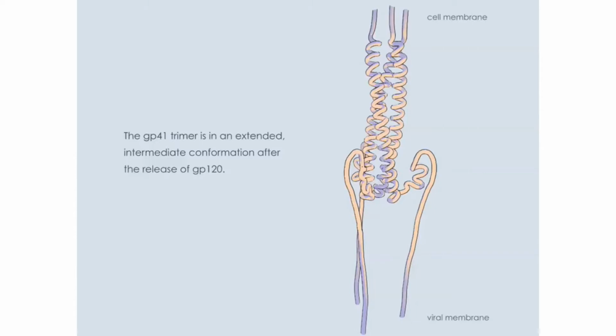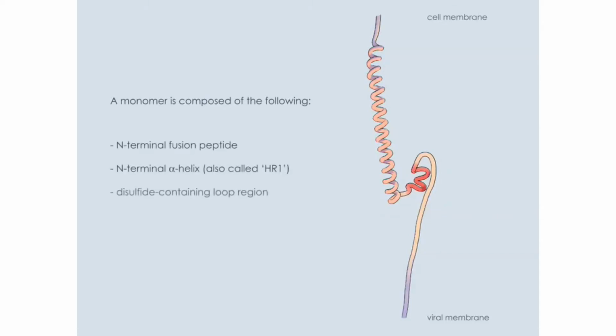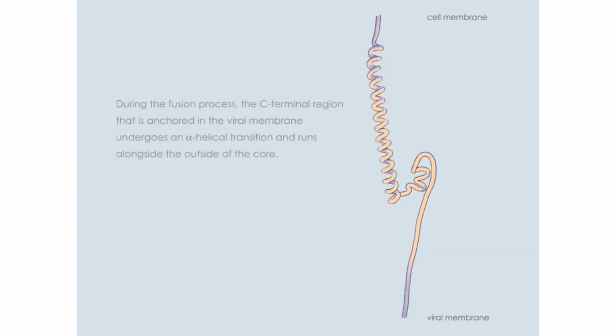Now here's another movie that just shows you the protein that contains the fusion peptide. So the viral membrane is down here, cell membrane is up here. And that's a monomer. In the virus, it's actually a dimer, as you could see. I think we're going to get an animation of this. Yes. So that's what happens.